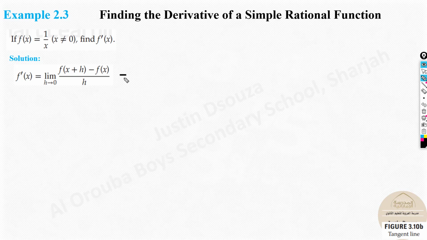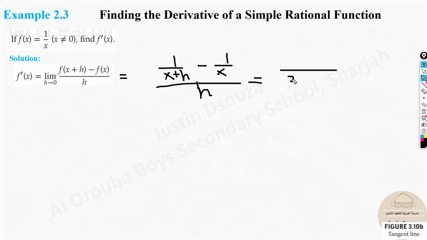Function of x plus h means it'll be 1 by x plus h minus f of x, which is the same function 1 by x, all divided by h. Now we need to take the LCM over here. Let's take x times x plus h. That would be x minus x plus h divided by h.